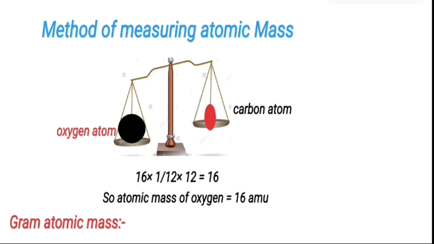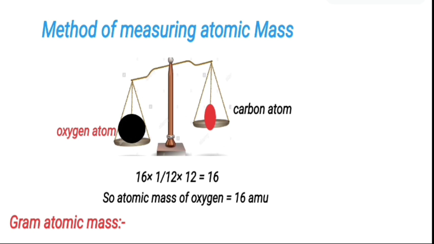You can see in this picture, when we compare the mass of the oxygen atom with the standard carbon atom, we find that it is 16 times heavier than 1/12th part of one atom of carbon.